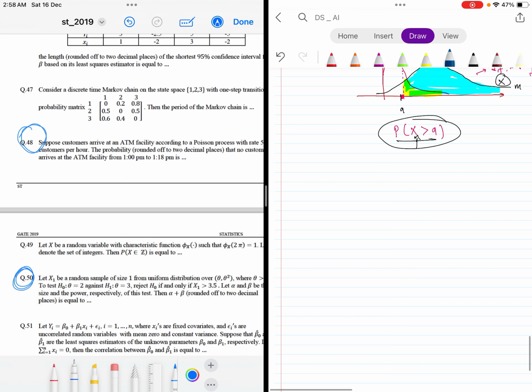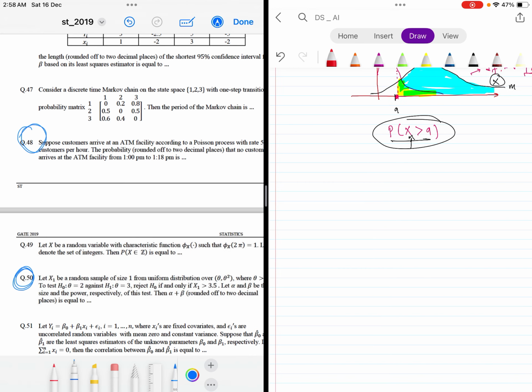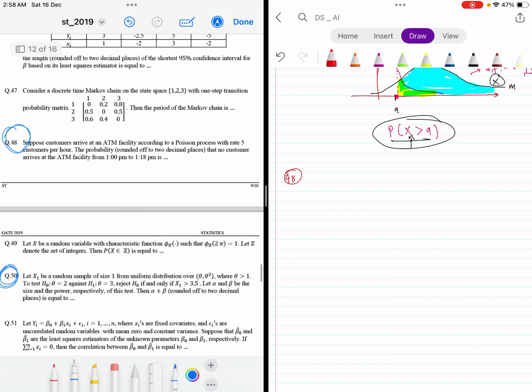So in 48, we are given that customers arrive at an ATM facility according to a Poisson process with the rate of 5 customers per hour.